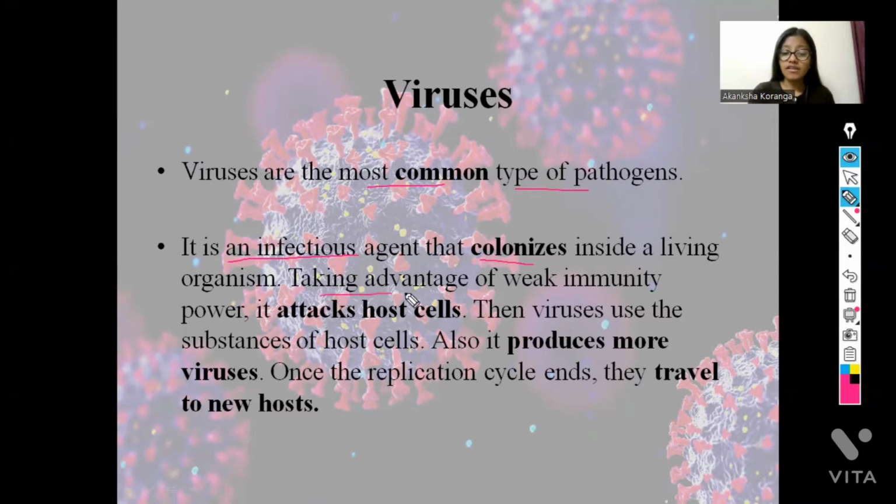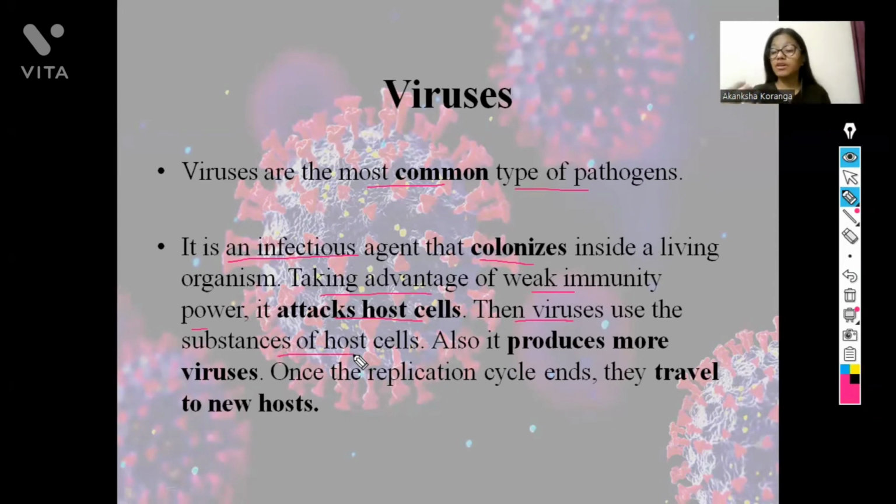Taking advantage of the weak immunity of a host body, the virus attacks the host cell. Then these viruses use the resources of the host cell, or in simple language, the food of the host cell, to survive and to reproduce. They produce more viruses, they multiply, and they do this to survive.